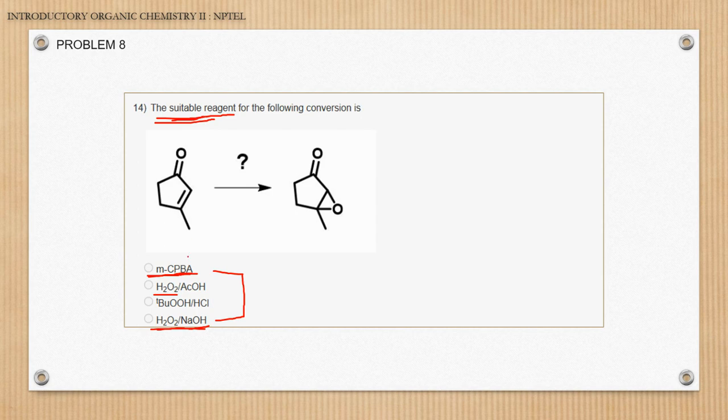So here you have to look at the electronics of this alkene. Is this alkene electron deficient or electron rich? Think about it. Is it electron deficient, the alkene, or electron rich in nature?